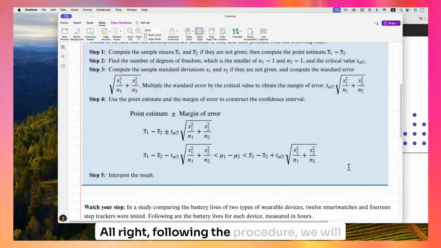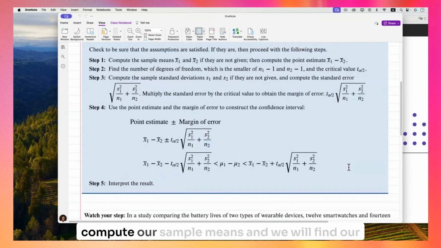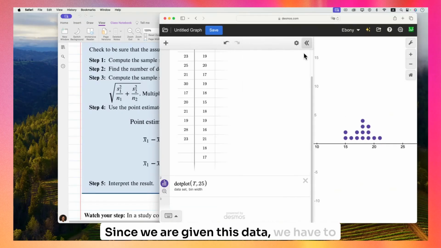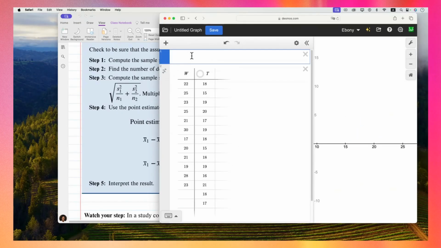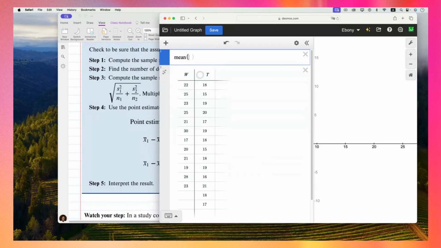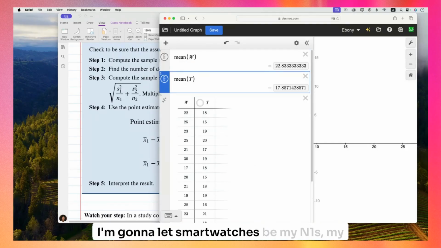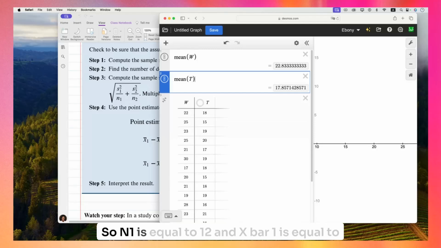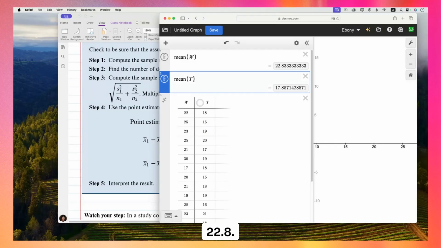All right, following the procedure, we will compute our sample means and find our point estimate. Since we are given this data, we have to compute the sample mean ourselves. I'm going to let smartwatches be my subscript 1 sample. So n1 is equal to 12 and x-bar 1 is equal to 22.8.